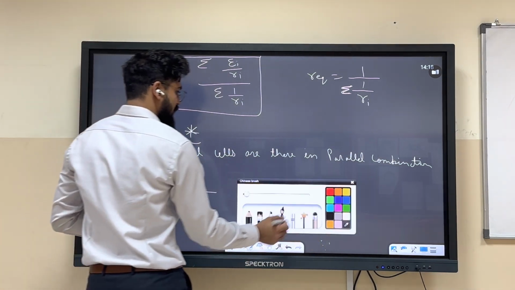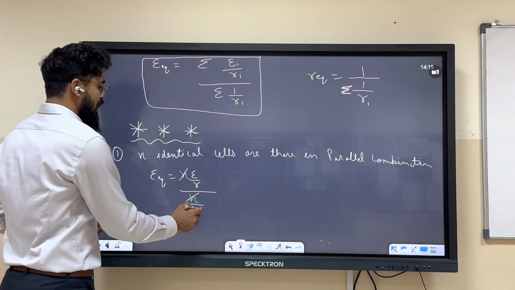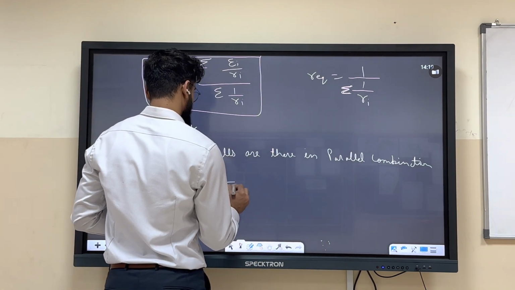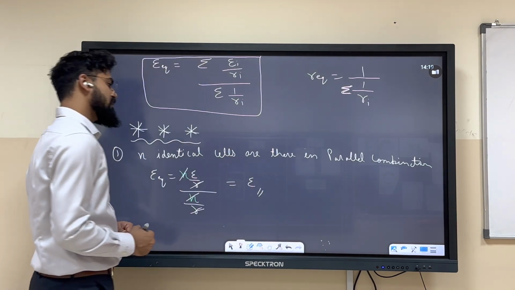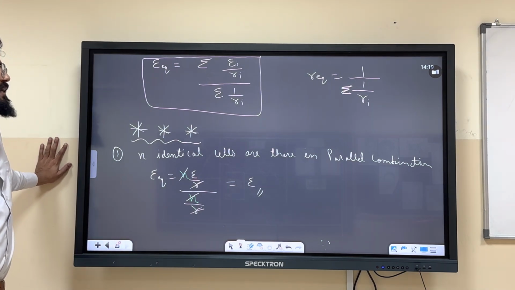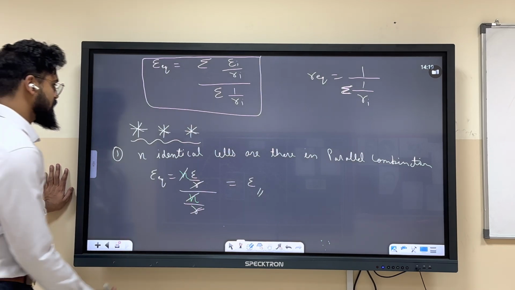So are you getting it? That N and R are cancelling each other. The final answer is nothing but E. So E equivalent, when n identical cells are there in parallel combination, will be E. Check.